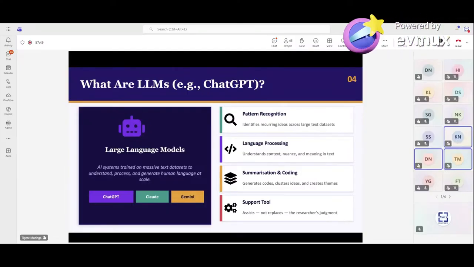So what do they do, right? And what is it in them that we need in order to transform the data analysis that we would otherwise have done traditionally? There are a lot of parallels between the capabilities of ChatGPT, Claude, and Gemini and thematic analysis, following Braun and Clarke.